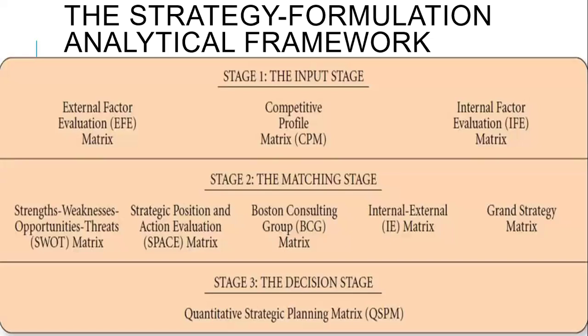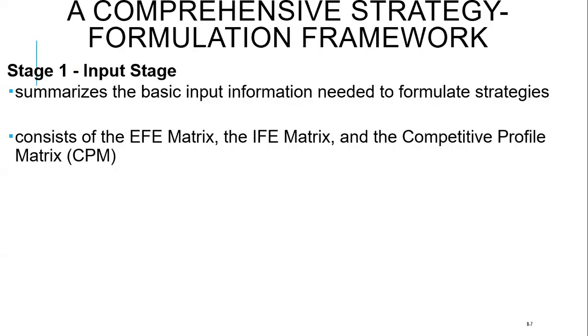And it is usually accomplished with a tool that we call the quantitative strategic planning matrix, QSPM. So we are going to take these specific stages in turn in order to appreciate their nitty-gritties.